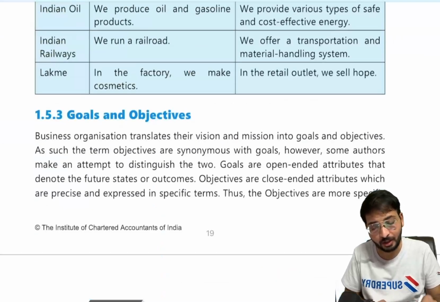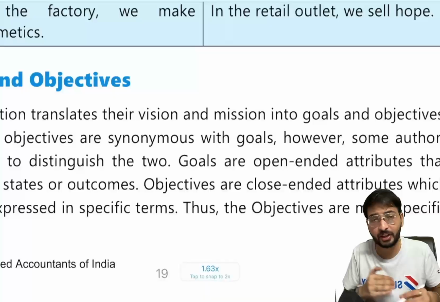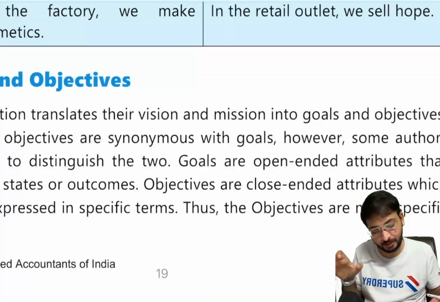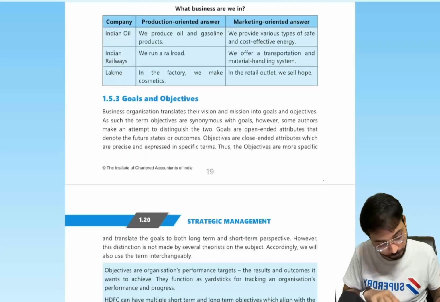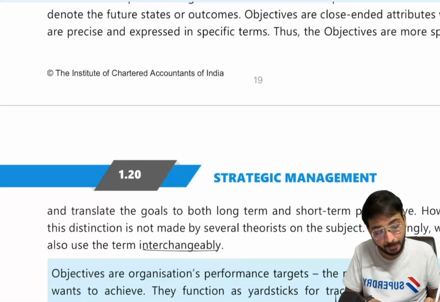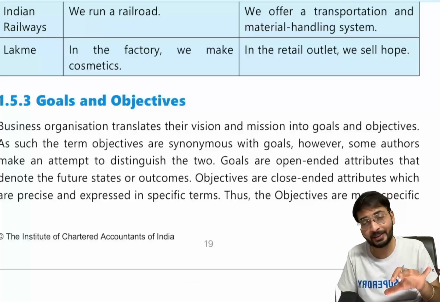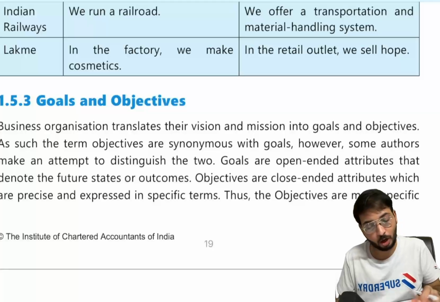Next is goals and objectives. See, what is the difference between a goal and an objective? ICAI is using these terms interchangeably, but there is also a small difference they have given. In a practical example, your everyday timetable and schedules all come under goals and objectives.